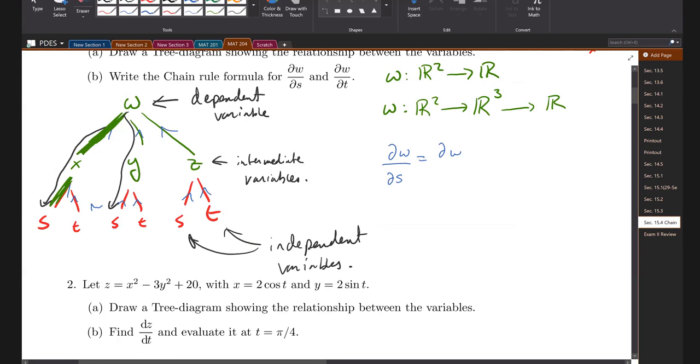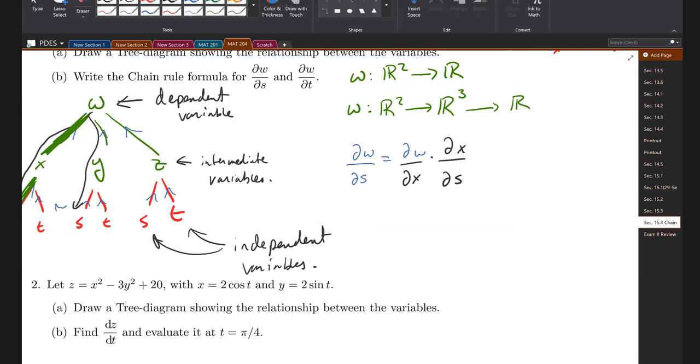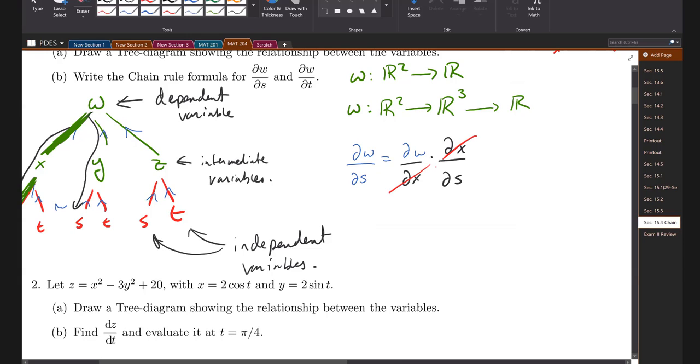So I'm going to take partial W, partial X, and then multiply that by partial X, partial S. That says we're going to take how W depends upon X and then multiply that by how X depends upon S. Now there's a nice little visual way to see that you did this correctly. You cannot cancel these, but do you see that that now looks like partial W, partial S? That's a little visual cue that you're on the right track.